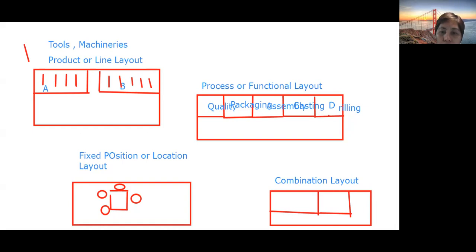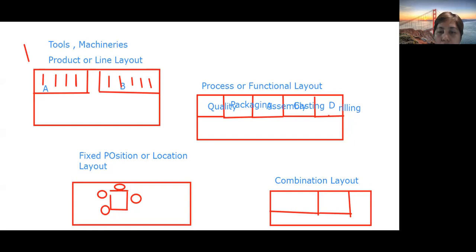So certain manufacturing units may require all three processes, namely the intermittent process, the continuous process, and the representative process. For the continuous process, that's the mass production shop.